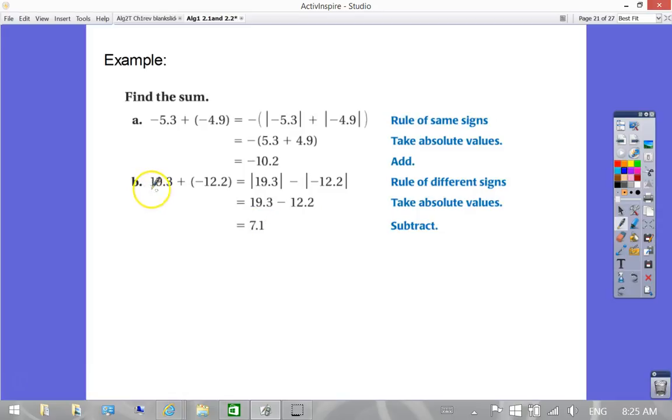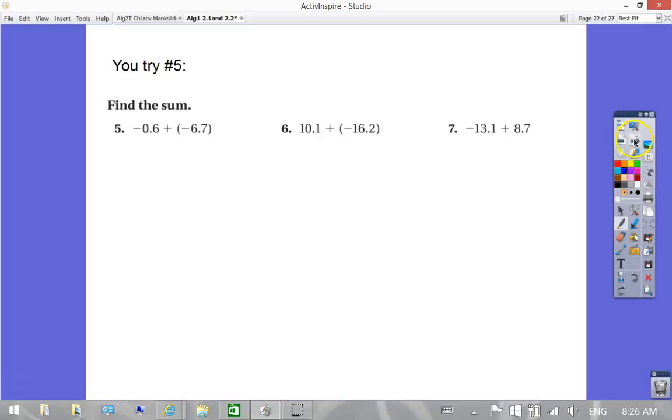If it had been a -19.3 plus 12.2, you would have still done 19.3 minus 12.2. But because the bigger absolute value was the negative number, you put a negative in front of it. Yeah, I agree that some of these, I don't think this way. It is the way it's presented.